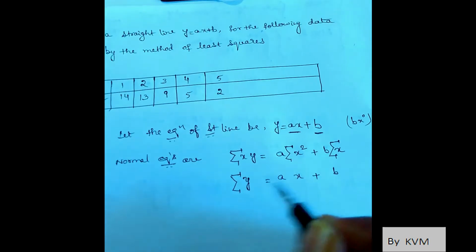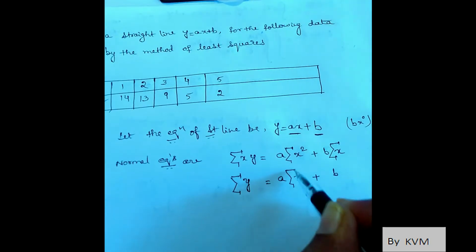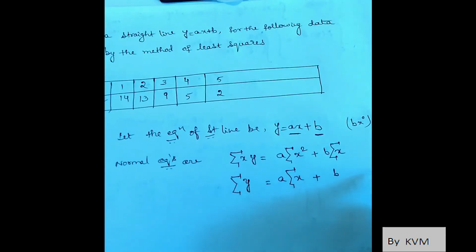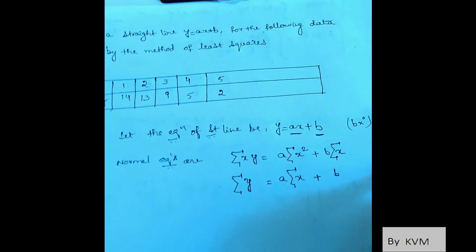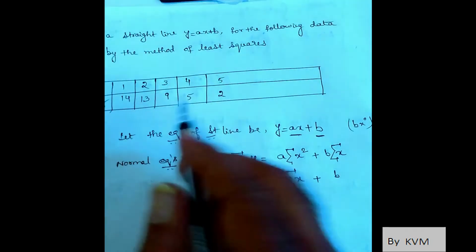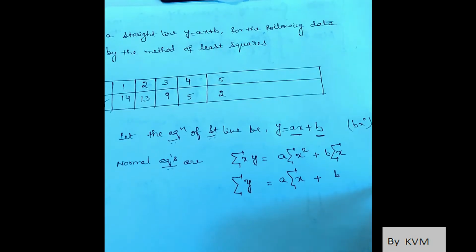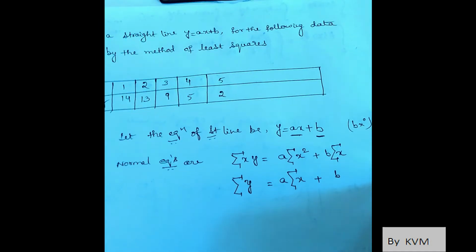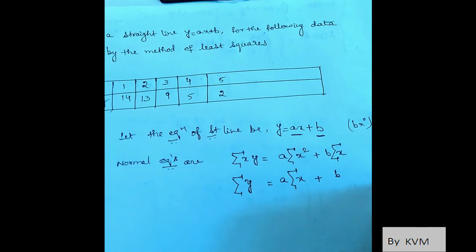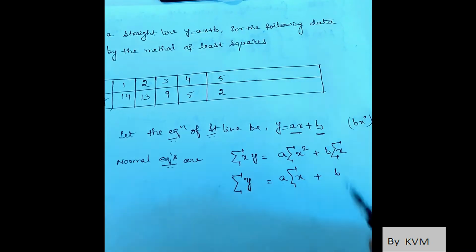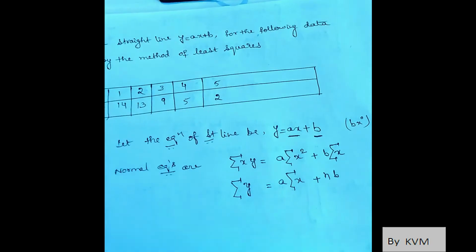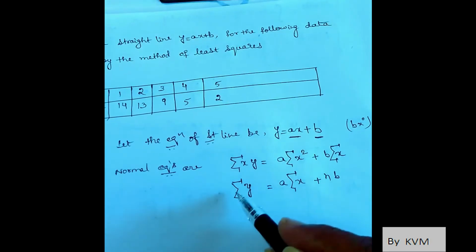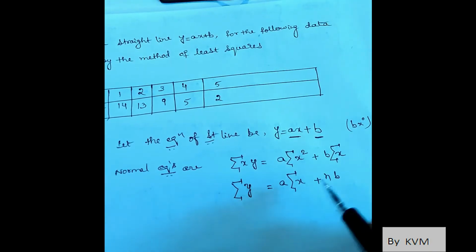Sigma y equals a into sigma x plus sigma b, but total points given are i from 1 to n. So instead of writing sigma b, we can write n into b. So sigma y equals a into sigma x plus n into b is the second normal equation.